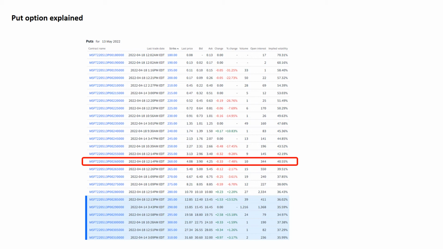What that then means is you will pocket your $390 that was paid. The funds that was blocked from your account to buy those shares will be released back to you. Option expires worthless and you get to keep the premium. If, however, the price of Microsoft drops below $260 on the 13th of May, you have to buy it for $260.